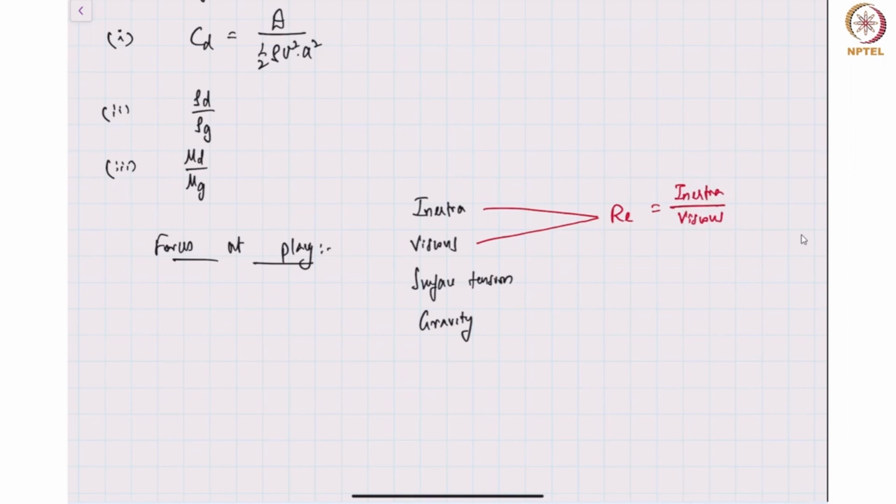But I could also have inertia to surface tension. This is usually referred to as the Weber number. This is inertia to surface tension. We could even have viscous forces to surface tension. This is referred to as the capillary number.